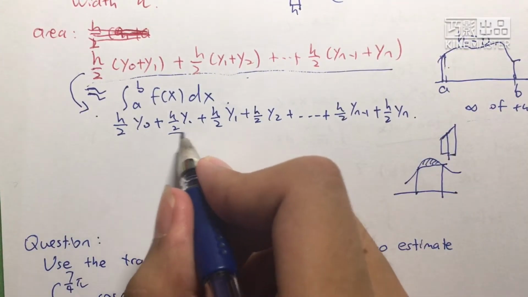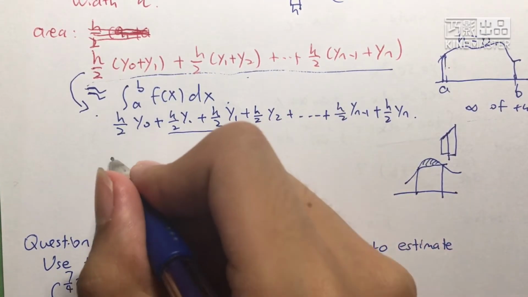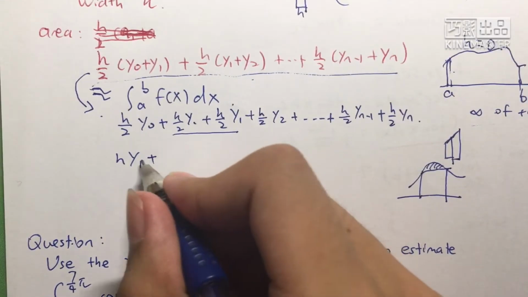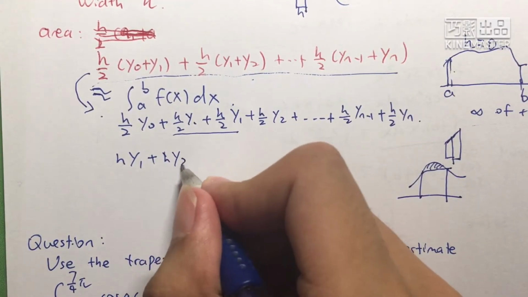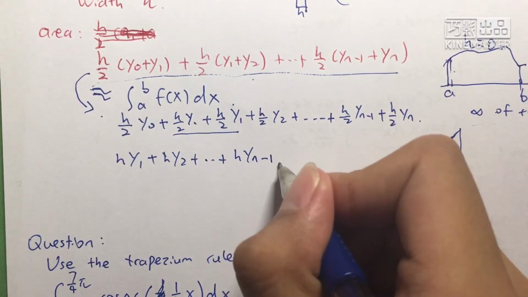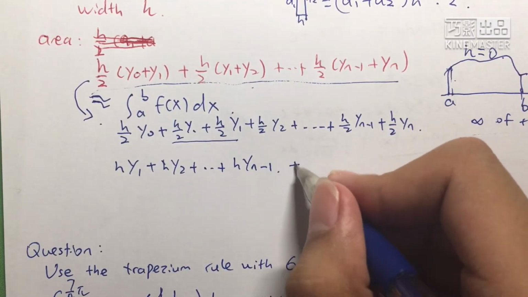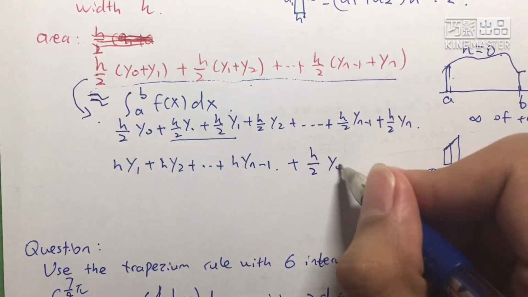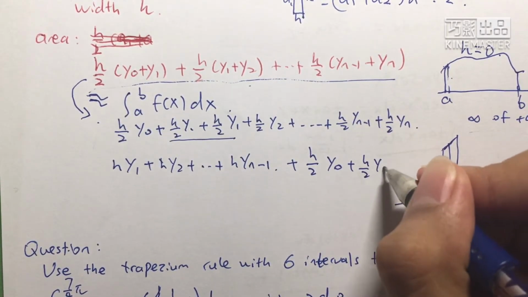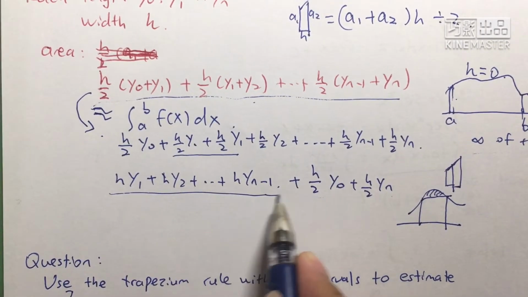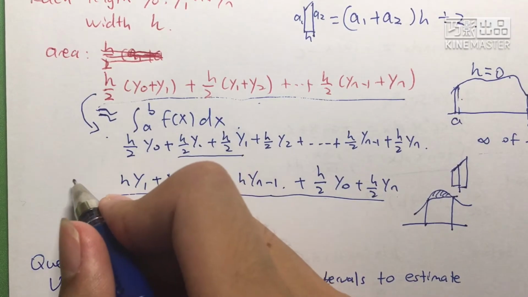You can see that for these, they combine to h y1, so we get h y1 plus h y2 plus up to h y(n minus 1). What we are left with is h over 2 y0 plus h over 2 yn, because they don't have pairs. So this is our formula for the area.